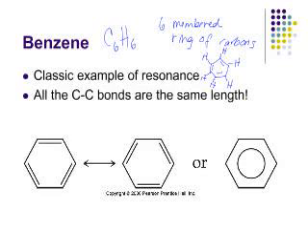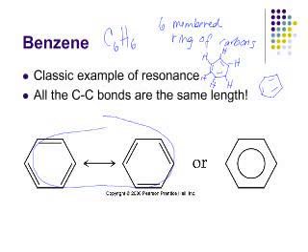But we could, of course, draw a different structure, which is equivalent, where the double bonds are in different locations. All right, and that's what we're trying to show down here. These are classic resonance structures of benzene, where the double bonds appear to be back and forth.